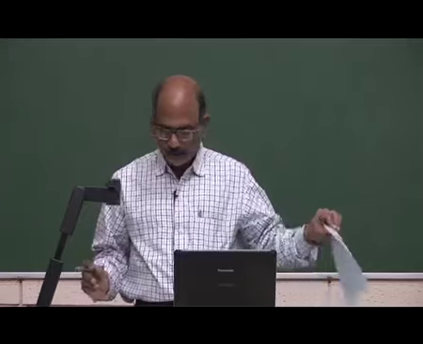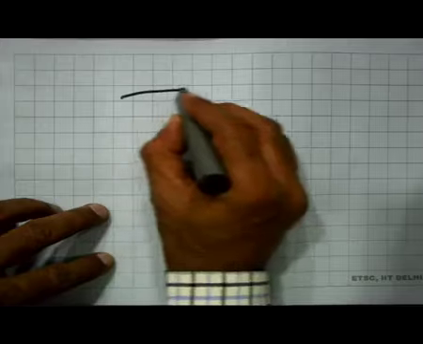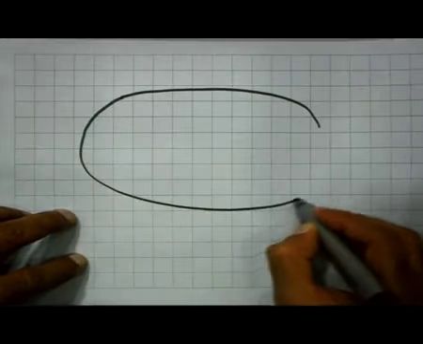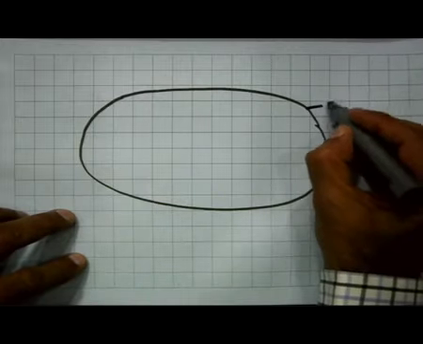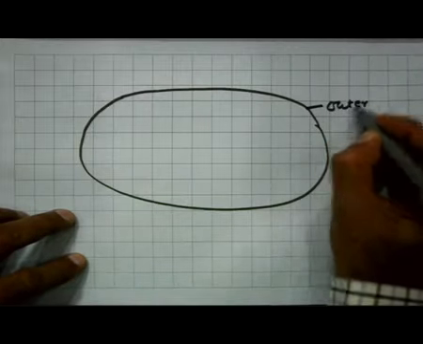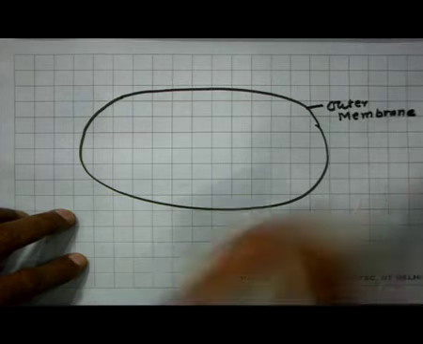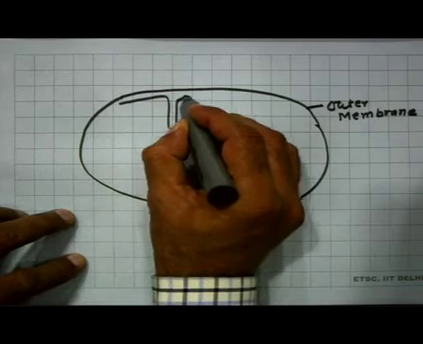We know from the chapter on cell structure that mitochondria is a double membrane structure. The outer membrane is smooth and the inner membrane is folded.